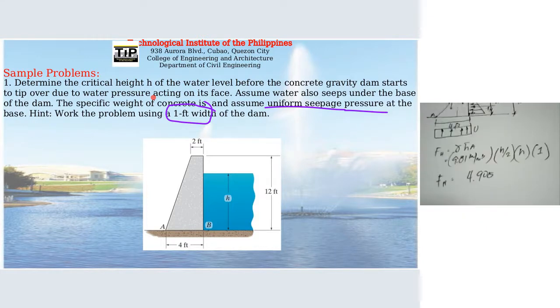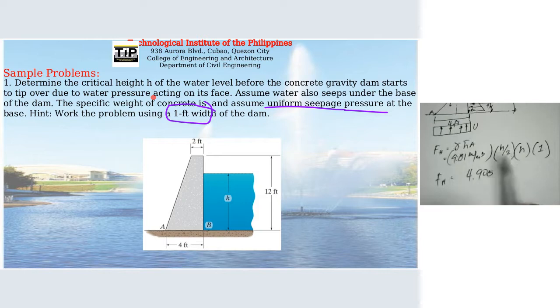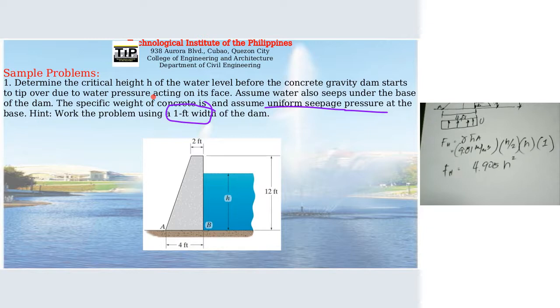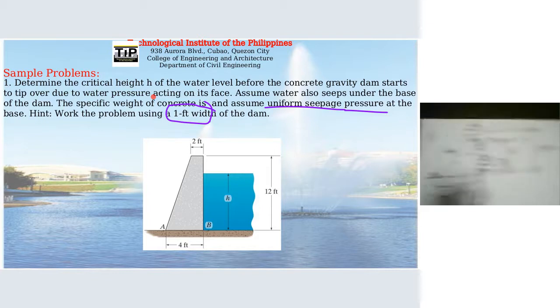So 4.905 H squared. Okay, so that's F sub H.